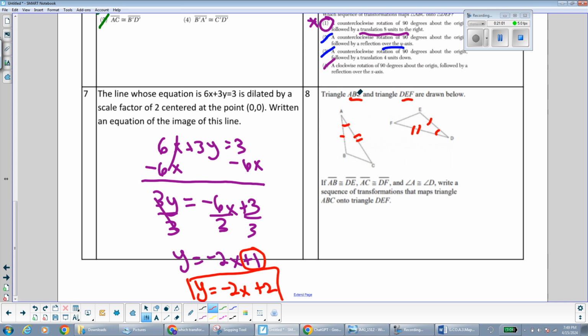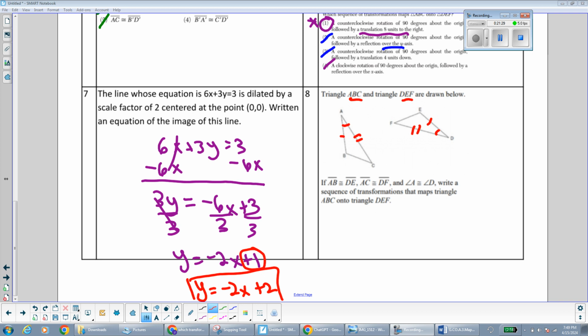B needs to match up to E, and C needs to match up to F. So we might be thinking that a rotation is necessary here. And the rotation needs to have a direction, and it also needs to have a center of rotation, and usually the number of degrees, which I don't think we're really going to be able to specify here, but we'll try.